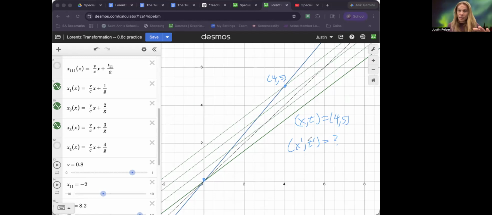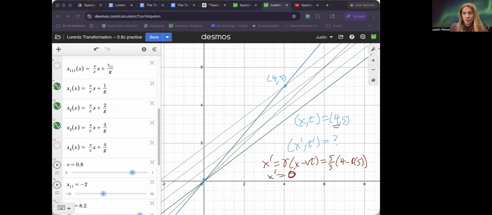Well, we just mapped it, but let's do the Lorentz transformation and see if we get the same answer. So x prime is gamma times x minus vt, which is going to be 5/3 times x, careful, x is 4, minus 0.8 times 5, I could do 4/5, same thing, is 4. 4 minus 4, oh, it's 0.